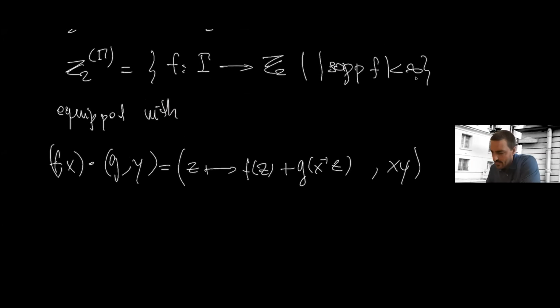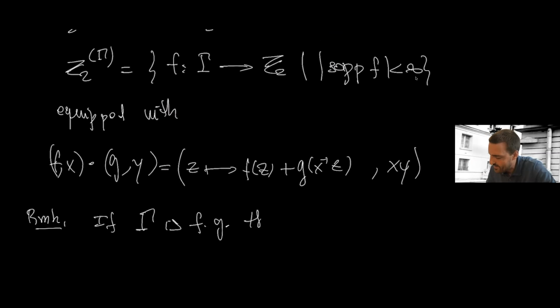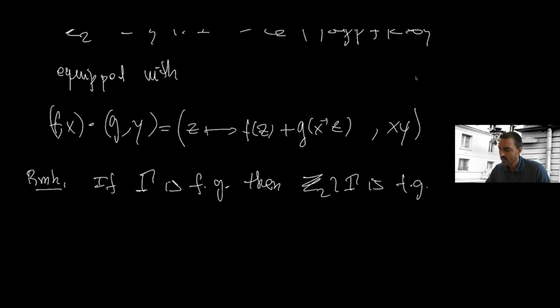And so what is important for us is that if gamma is finitely generated, then the wreath product is also finitely generated. This is because of the way the first coordinate is defined.